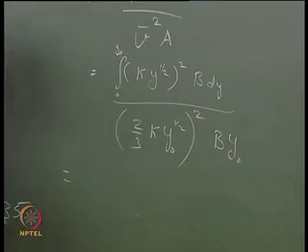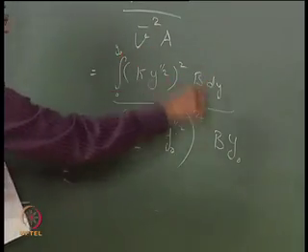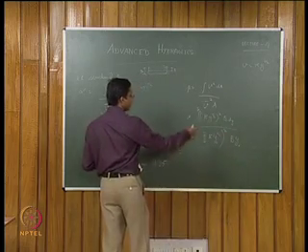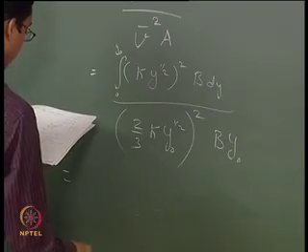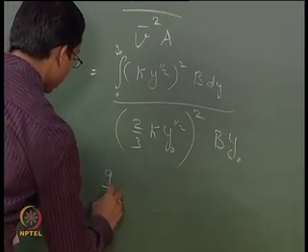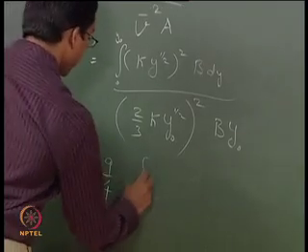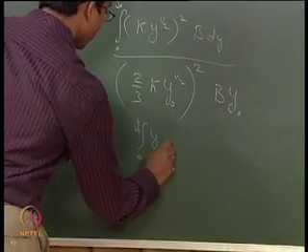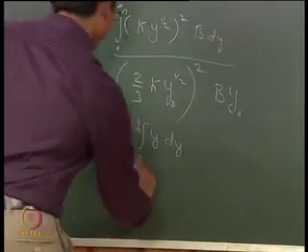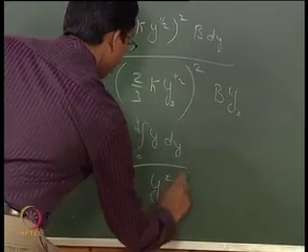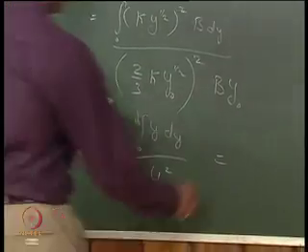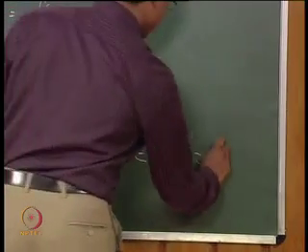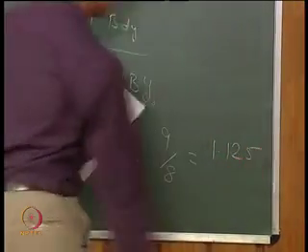Do the integral procedures, cancel off the terms that are common in the numerator and denominator. You will see that ultimately you will get the things in the following form: 9 by 4 integral 0 to y naught y dy by y naught square. This, on further simplification, you will get this as 9 by 8 is equal to 1.125.